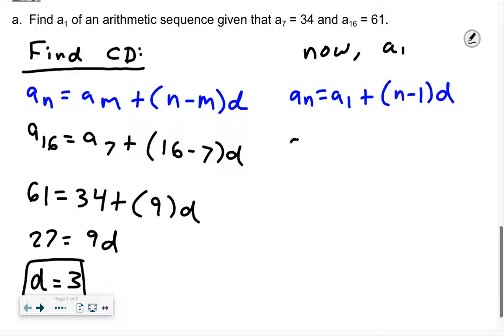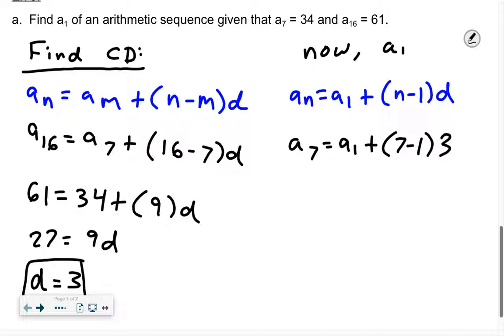So I'm going to let my n value be 7. A sub 1 is what we are eventually going to solve for. My n value, I said, was 7. And my common difference, we found that to be what? 3. What was a sub 7?